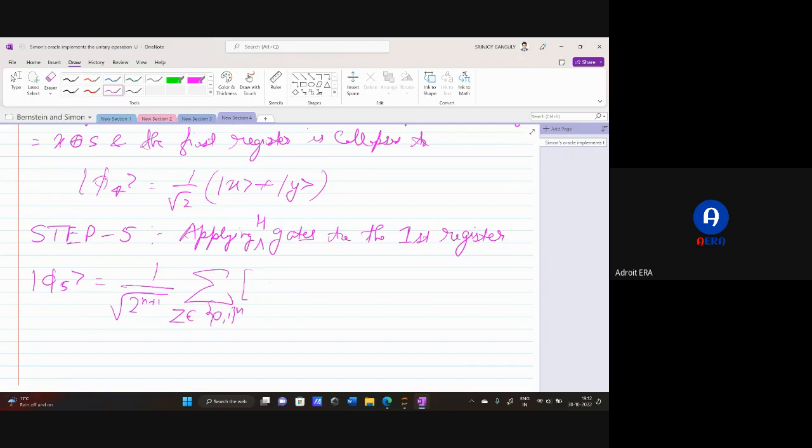Then we have ket x plus ket y, right? If you see here, psi 4, so therefore Hadamard will apply on both of them.